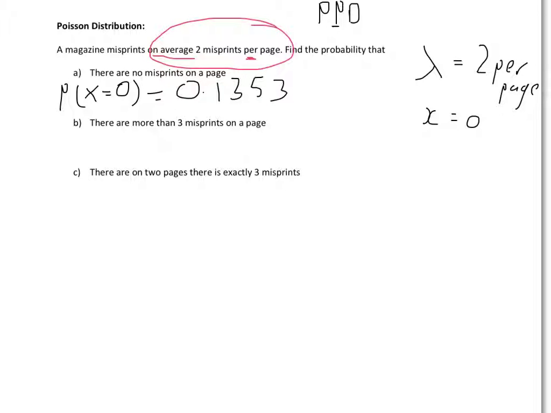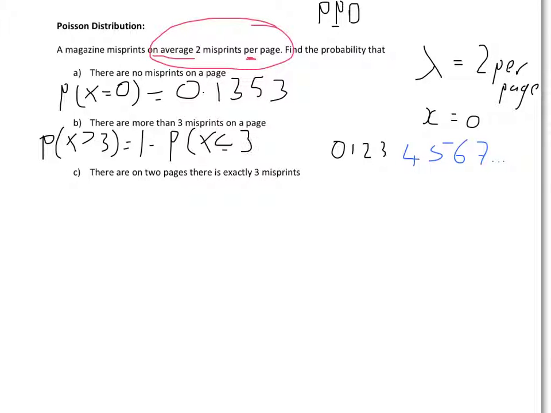Okay, now if there's more than 3 misprints on a page, how are we going to calculate that? Well, you need to start saying, what do I need? If I want more than 3, I want 4, 5, 6, 7. You could really stuff up, right? You could have 100, but it's unlikely because they're averaging only 2. We'll push off into infinity, so the probability of x being more than 3 will be 1 minus the probability of all these ones, 0, 1, 2, and 3, which is 1 minus the probability that x is less than or equal to 3.